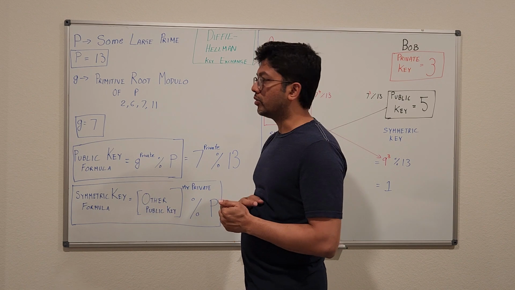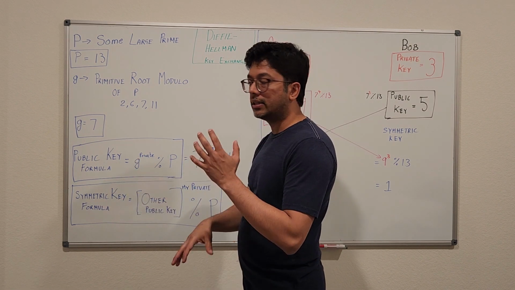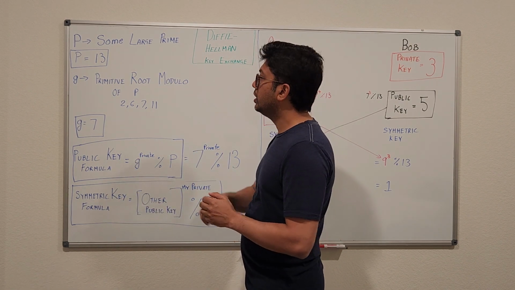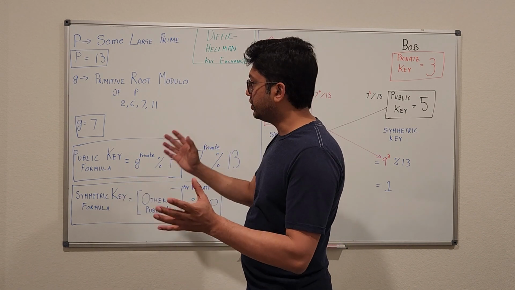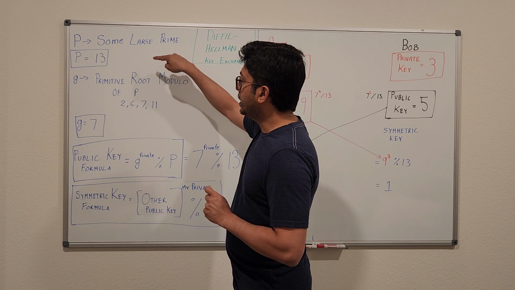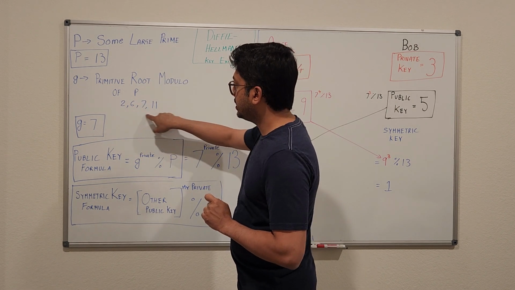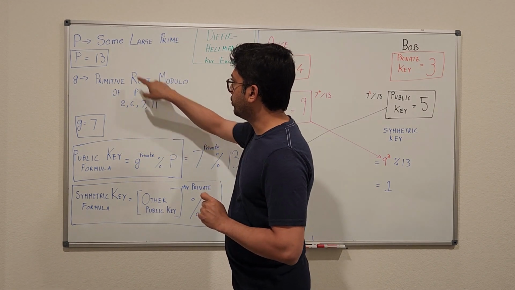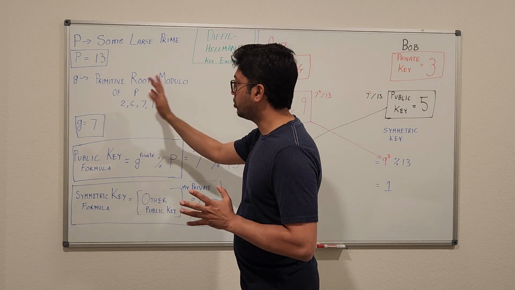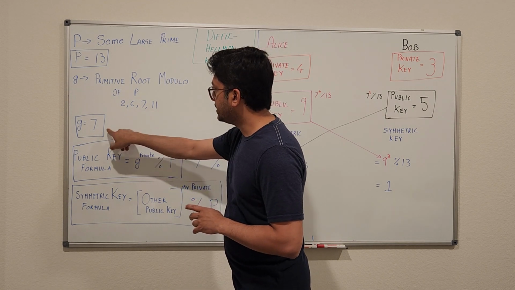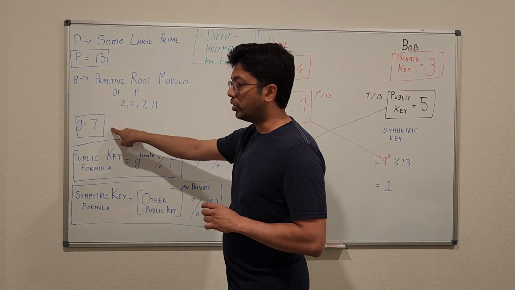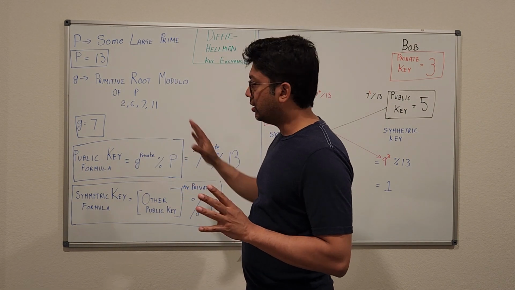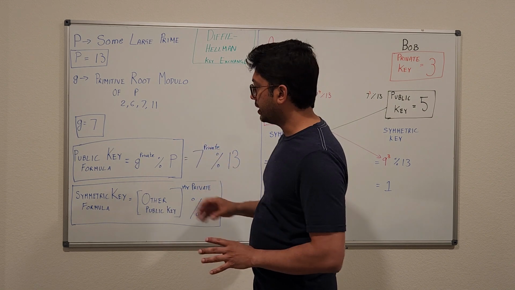There are online calculators where you put in a prime number and it gives you all the primitive root modulos, which is also publicly available information, which the spy will also know, and that is fine. You pick any one of these primitive root modulos. I picked 7, so 7 is your G. Prime number 13 and G are the only numbers that plug in here.